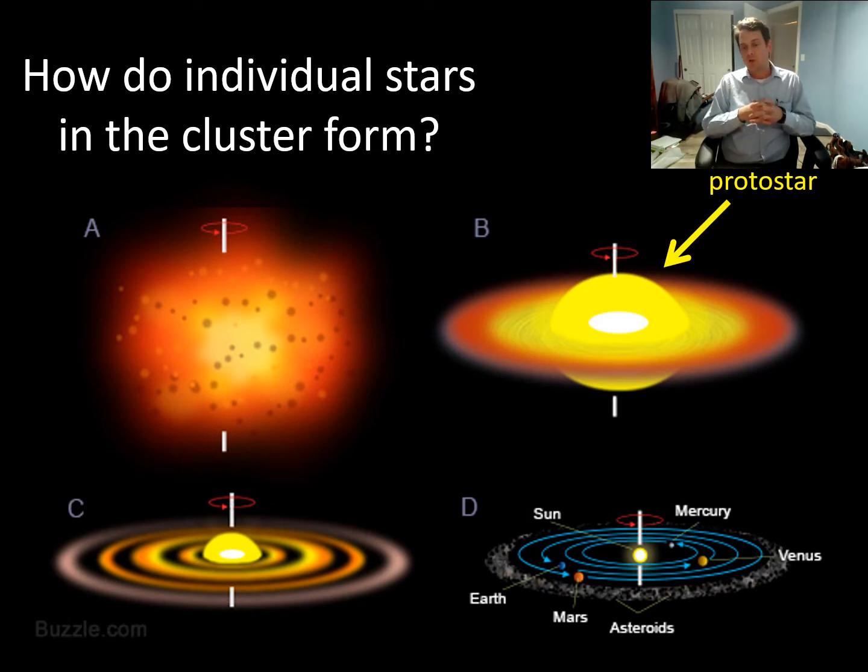And so, this is a class on stars and the universe, so we spend the vast majority of our time talking about stars in the universe. But we're talking about star formation here, and it turns out that solar systems form right alongside the star for exactly this reason.